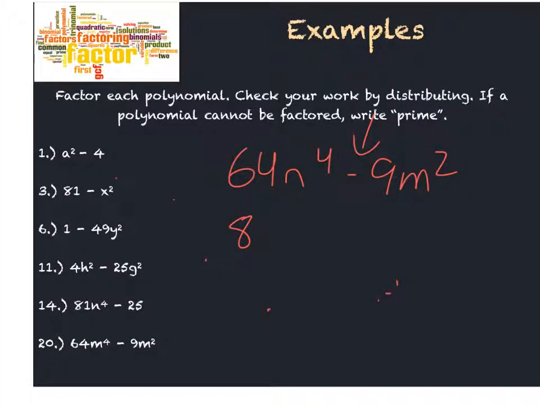The square root of n to the 4th: remember, when you're taking the square root of a variable that has an exponent, you just divide that exponent by 2. 4 divided by 2 is 2, so it'd be n squared. And then the square root of 9 is 3, and the square root of m squared is m. Now we just put a plus and a minus. That's all there is to it. That's how you do difference of squares.